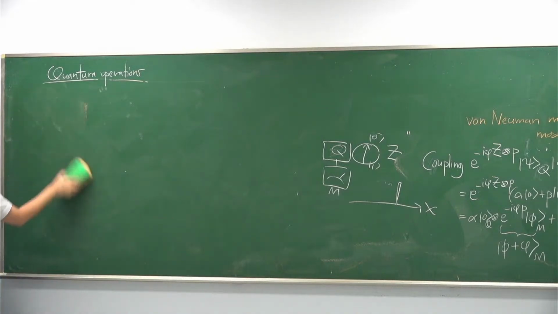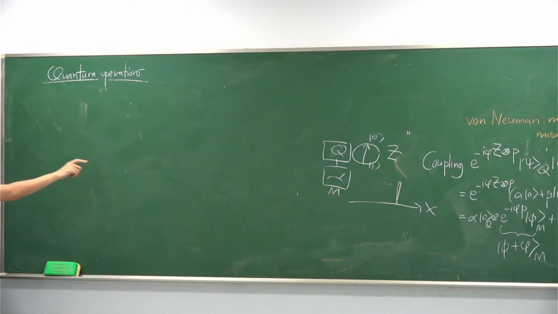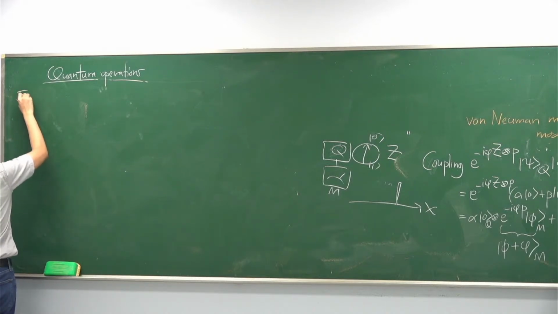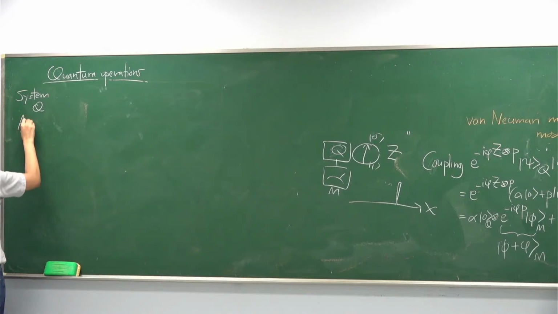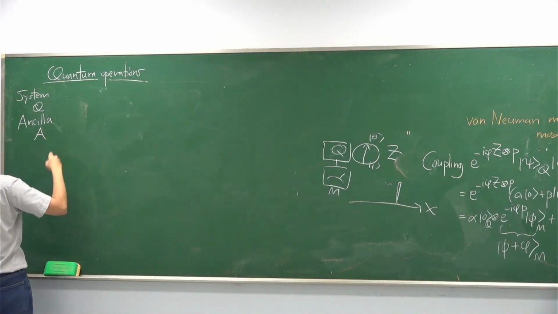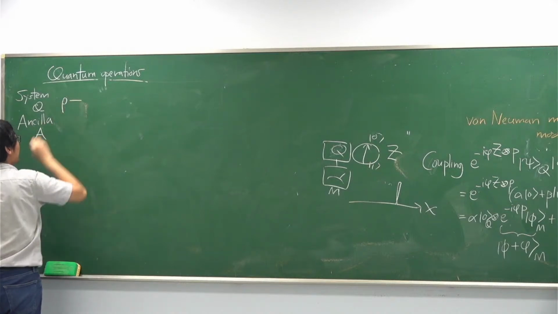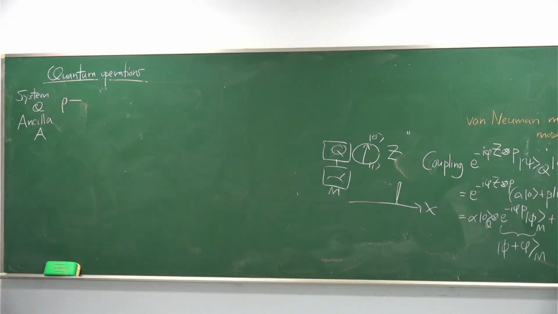So let's use some convention similar to that: the system labeled by Q. And instead of the meter, because we may not use it for measurement, I would call the other system an ancilla instead.